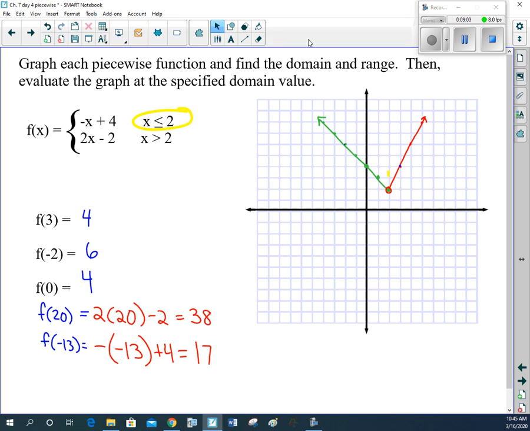If I was over here at negative 13, to the left, I'd be up positive 17. That kind of matches my graph. And then the same thing on the other one. If I were going right 20, would I end up being about 38 high? Probably, if we could get that all the way scaled out.